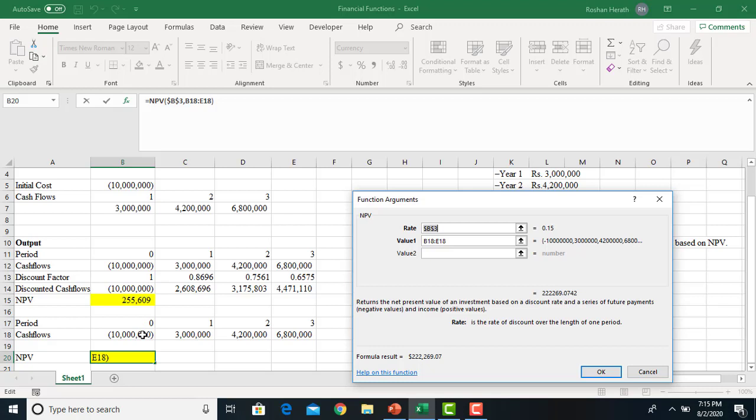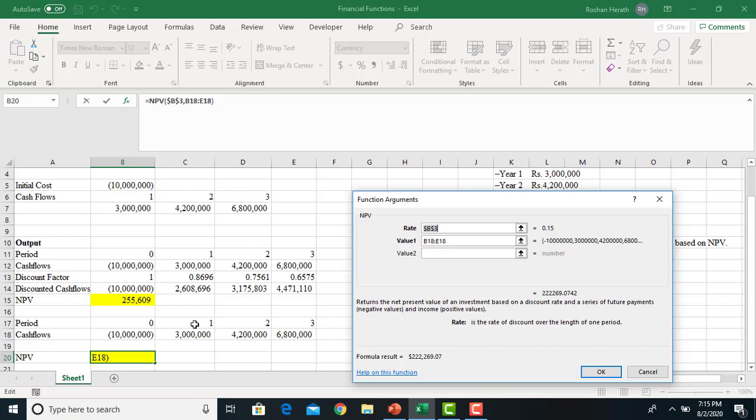So they would take it as a year one cash flow. So therefore, the year one cash flow as 2, year 2 as 3, and 3 as 4. So that is in a way kind of limitation in this NPV function.